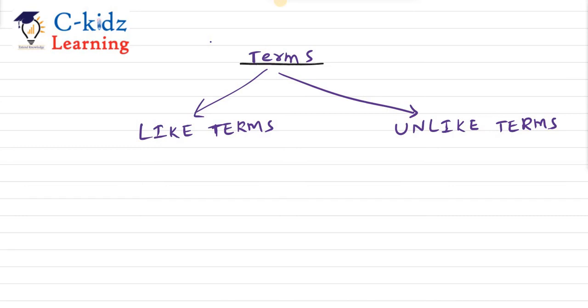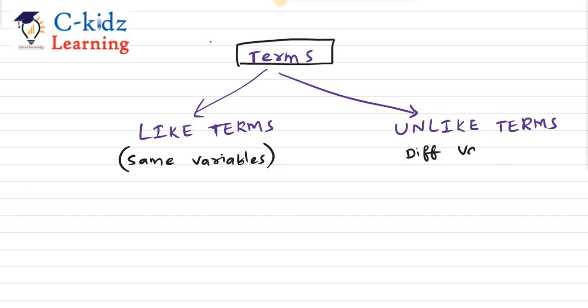We already know what terms are. Like terms are the terms which have the same variables. Terms which have different variables are called unlike terms.